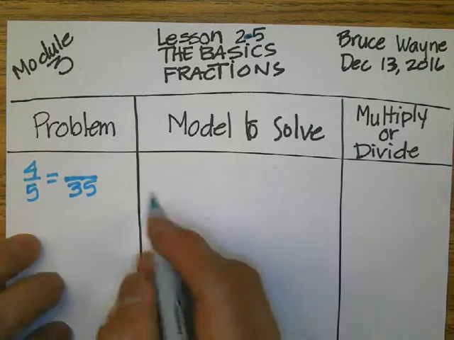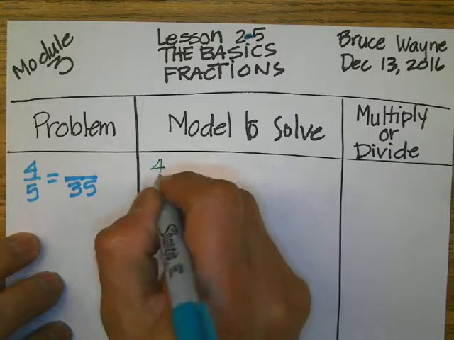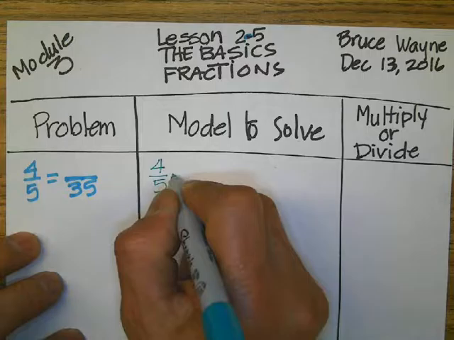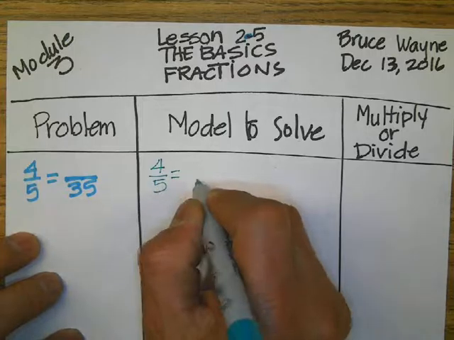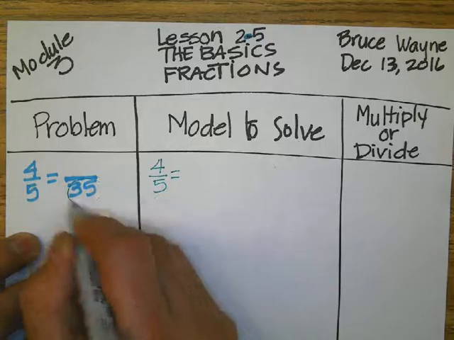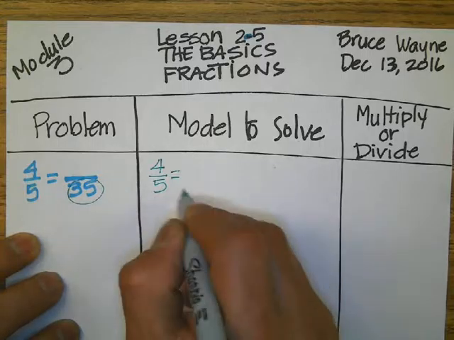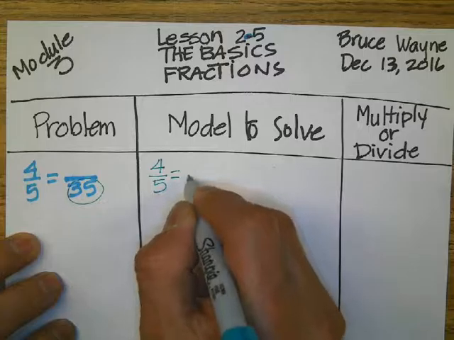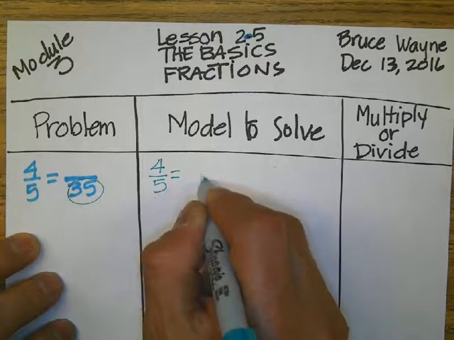So let's model this. If I'm a 5th grade student who is having trouble with this, I have a clue, my friends. The clue is the number 35. Please pay attention.